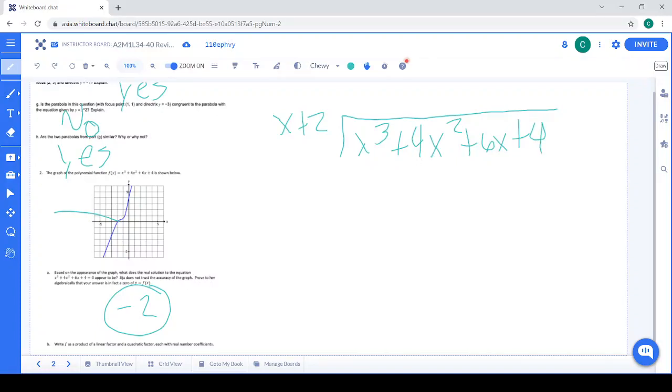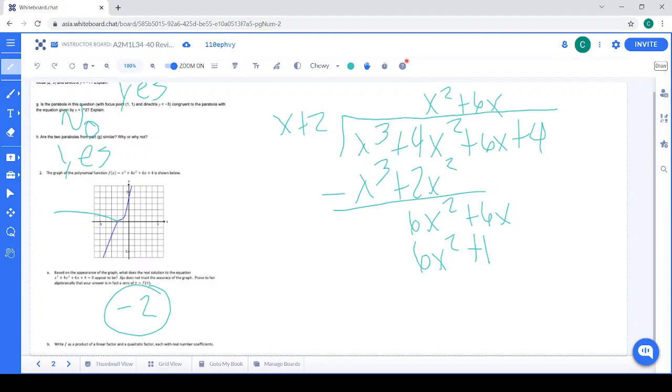All right, so we're going to have x squared, that's going to give me x cubed plus 2x squared. Negate those, that gives me 6x squared plus 6x. So I'm going to have plus 6x, that gives me 6x squared plus 12x.